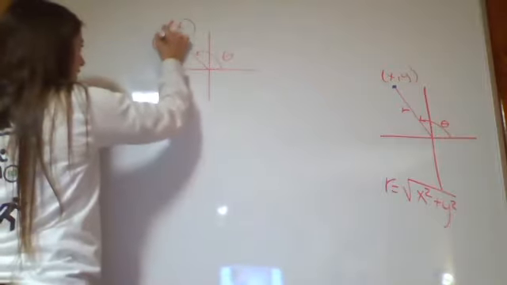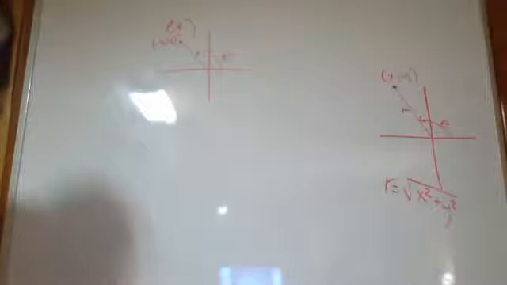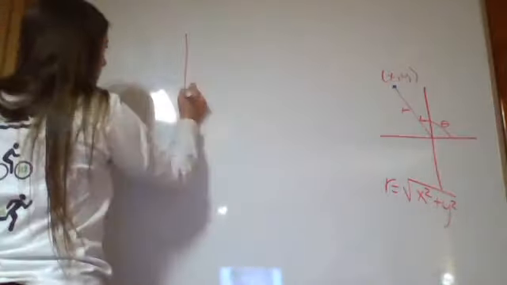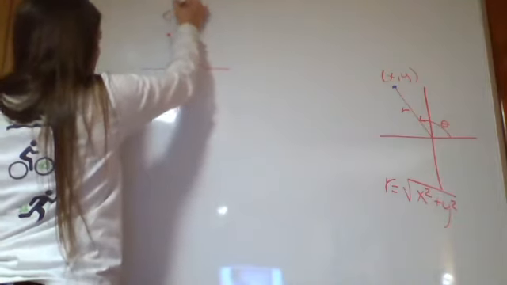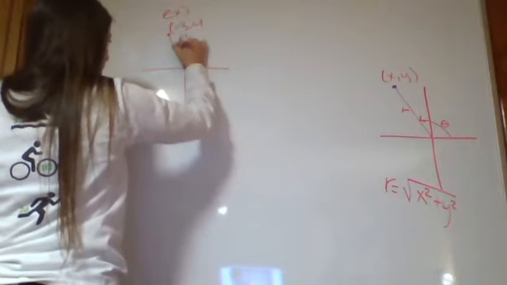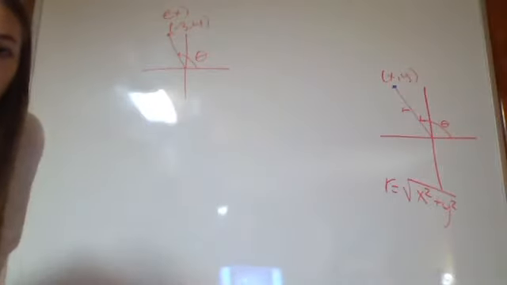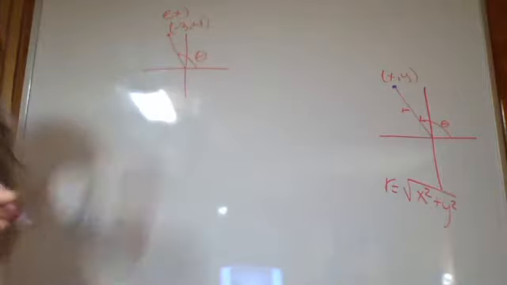Let me bring this down a little bit. I apologize, my dot cam is broken, so I have to do this back up on a board again, not on a sheet of paper. Okay, negative 3, 4 is that point, negative 3, 4. We are trying to find the angle theta.